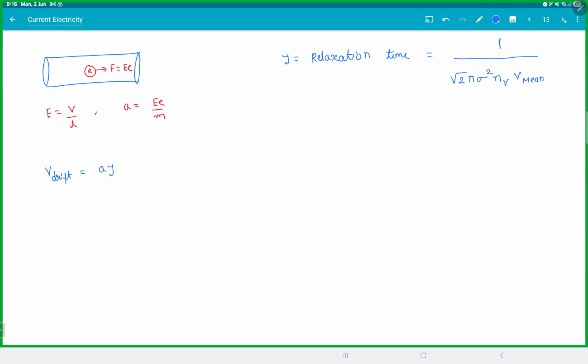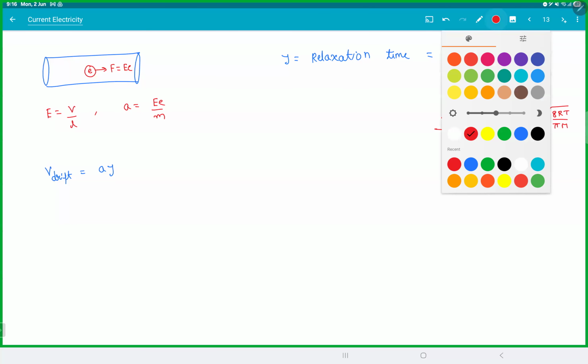Sigma is diameter, eta v is number of molecules per unit volume. V mean is root over 8RT by pi m.